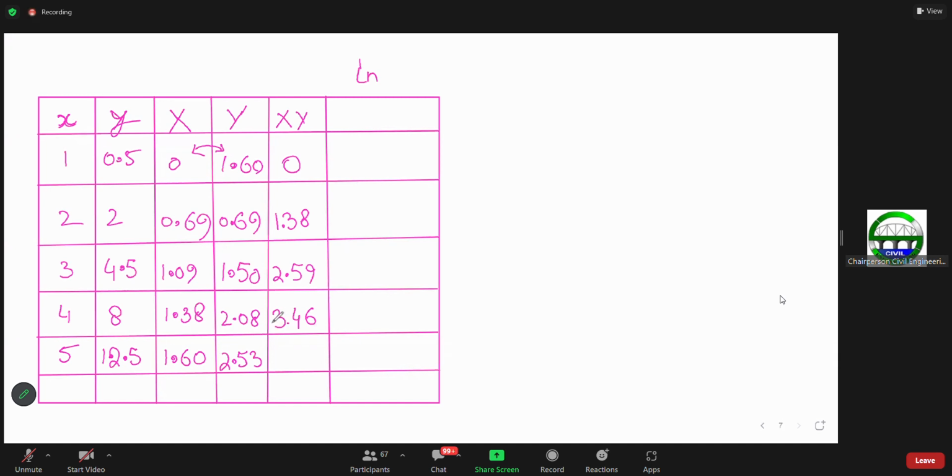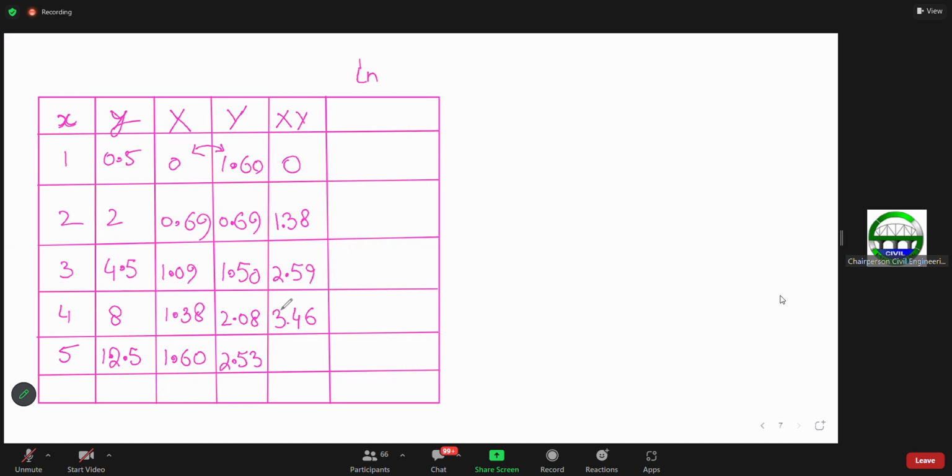Natural log of 0.5 is, okay, well, there is a confusion again. Let me calculate.